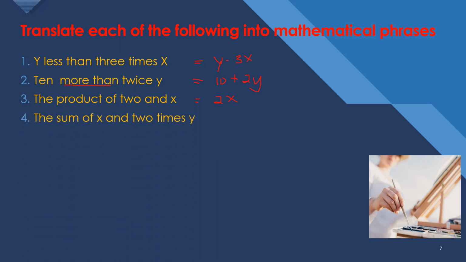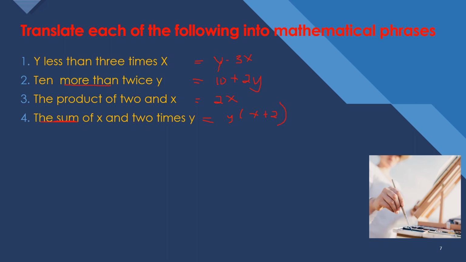Okay. And then the sum of x and 2 times y. So the sum of x and 2 times y. So we can use here this one, and then get the sum of x and 2. So we have x plus 2.